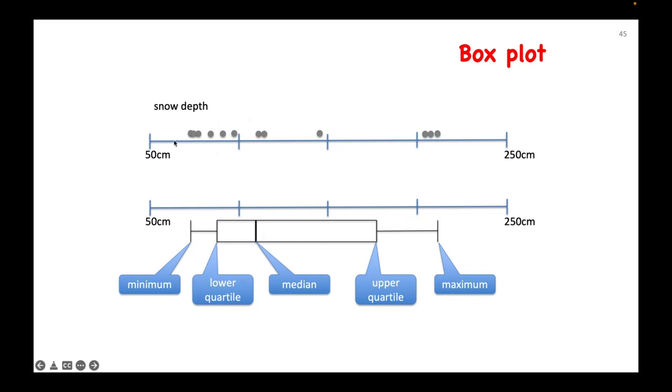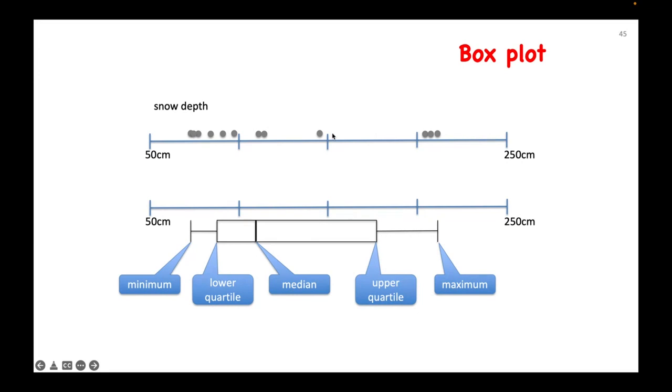If we think about it, we've got most of our readings in that 70 to 120 depth range, then a couple in the middle, and then some big high depths up here. So we've got a group up here, most things are down here, and there's very little in the middle.